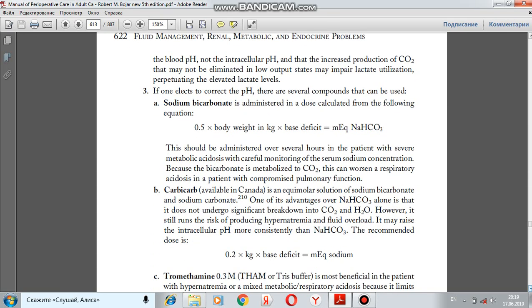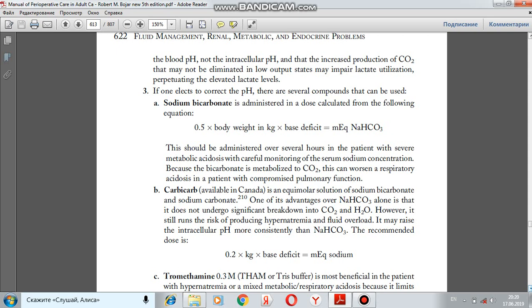If one elects to correct the pH, there are several compounds that can be used. Sodium bicarbonate is administered in a dose calculated from the following: 0.5 times body weight in kilograms times base deficit. This is the sodium bicarbonate dose in milliequivalents.